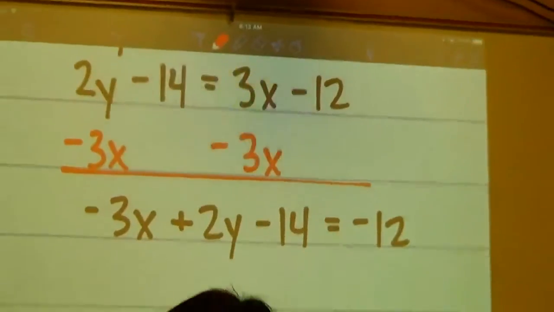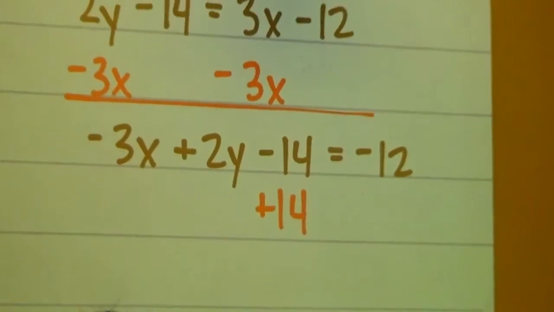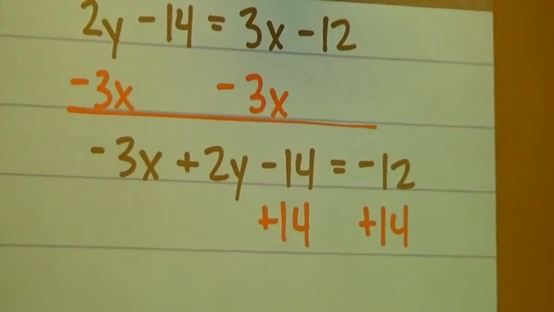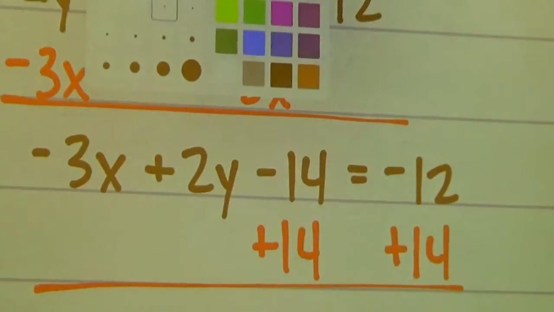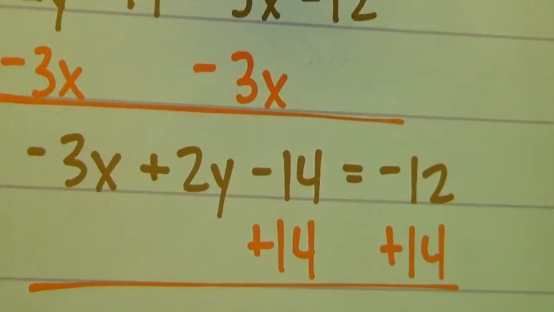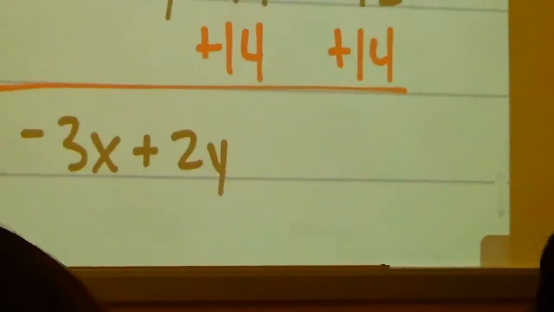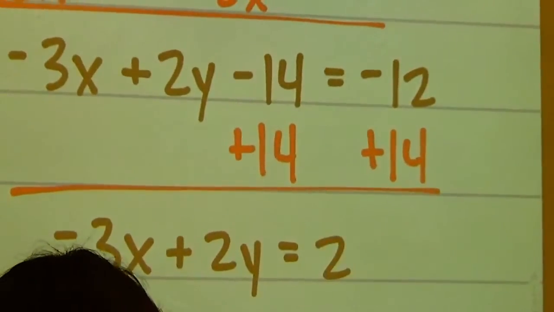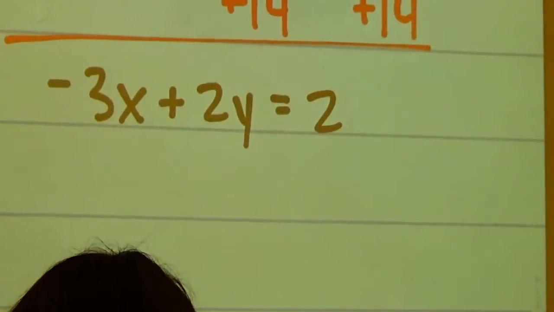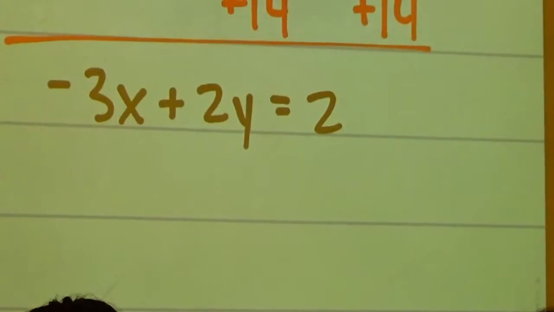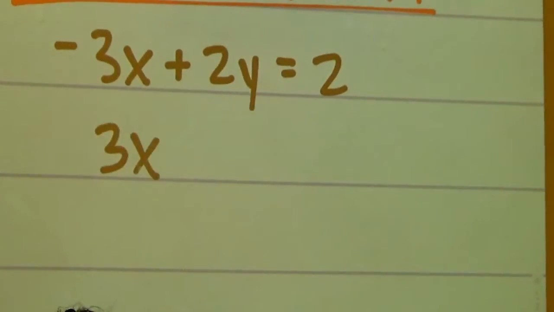Then I've got to move the 14 over, so I get negative 3x plus 2y equals 2. Are we done? No, A can't be negative, so multiply everything by negative 1, or just change all the signs. So 3x minus 2y equals negative 2.